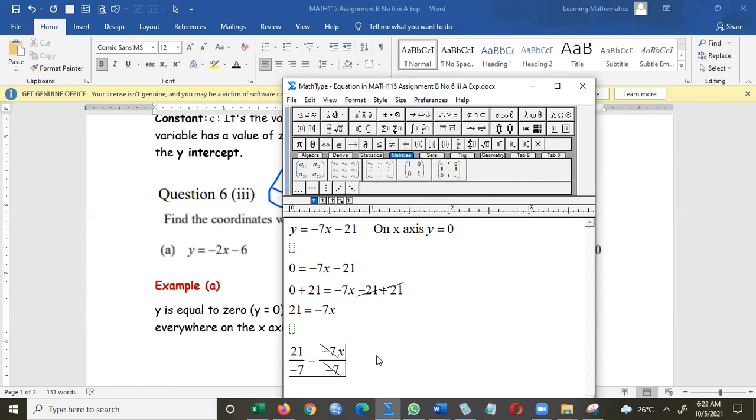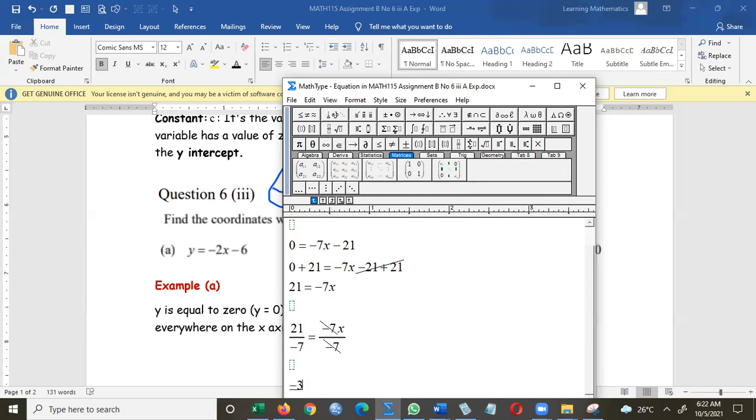So we have 21 divided by negative 7 is negative 3. So x is equal to negative 3.